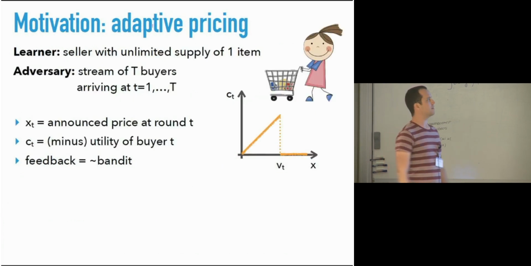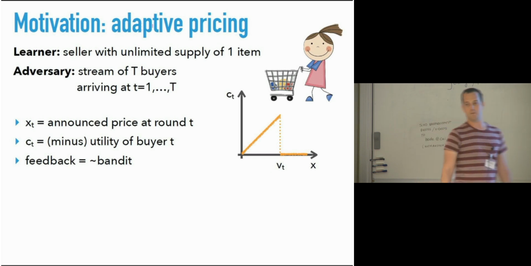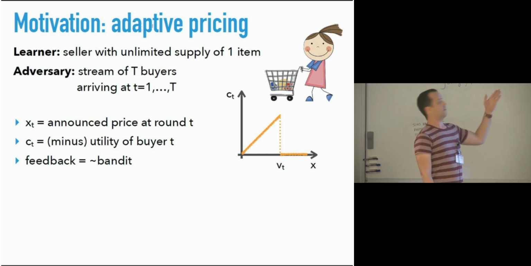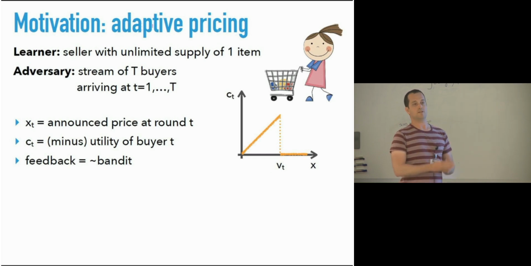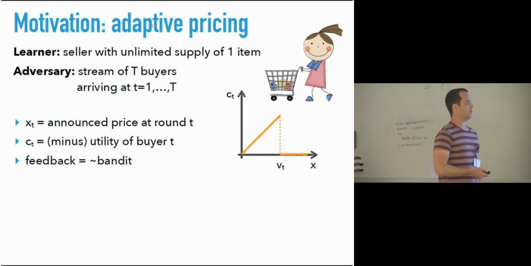When can it arise? So think about an adaptive pricing problem where the learner is now a seller with an unlimited supply of a single item. And the adversary chooses a sequence of T buyers arriving at rounds 1 up to T. In this setting, xt is now the announced price by the seller at round t.